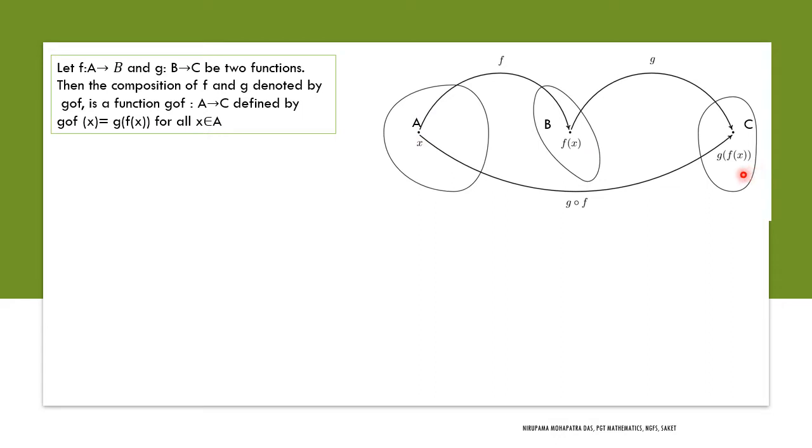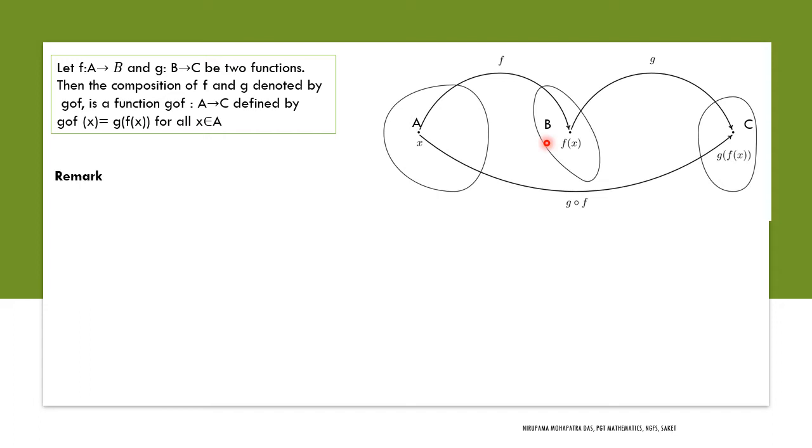So it means z equal to g(f(x)). So the domain of g of f lies in set A, and the range lies in C. So g of f is a mapping from A to C. Another thing you can observe here: the range of f lies in B, and the domain of g lies in B.